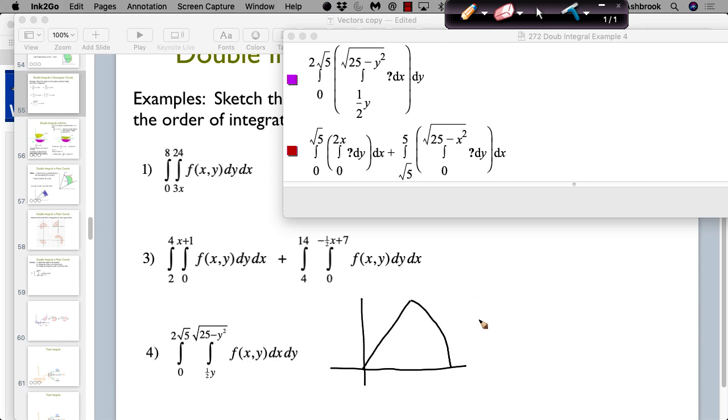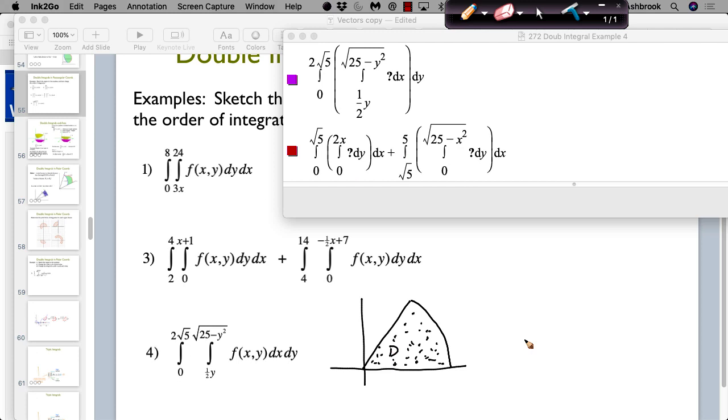So the question is, I want to know what the area of that is. So if this is region D, what's the area of D? How would I find the area of D?